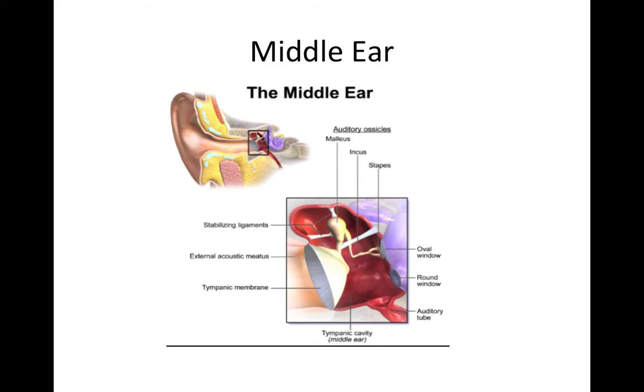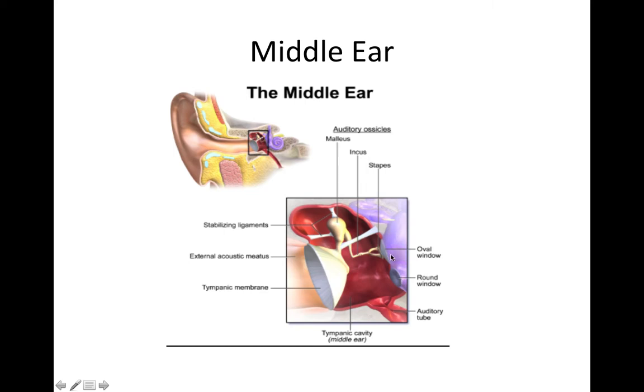Next, we're going to look at the middle ear. Gray's 906 and 912 are going to give us more information on it. The middle ear, you can see we have the 3 ossicles within the tympanic cavity. They extend between the tympanic membrane, which we just talked about, and the vestibule of the inner ear, which would be on this side.